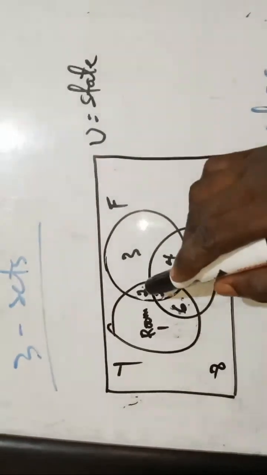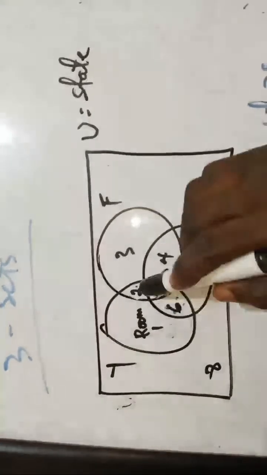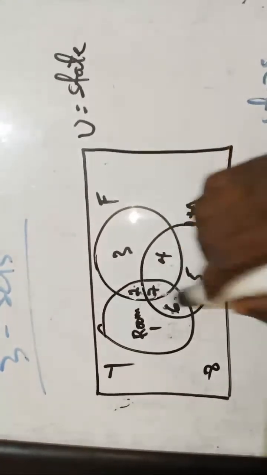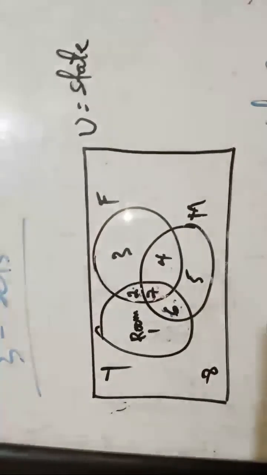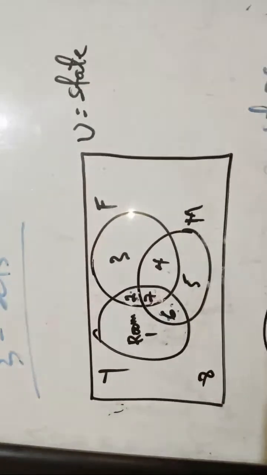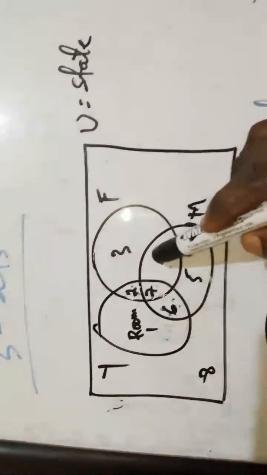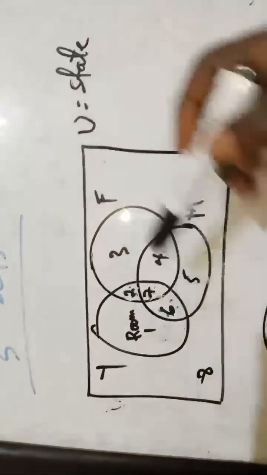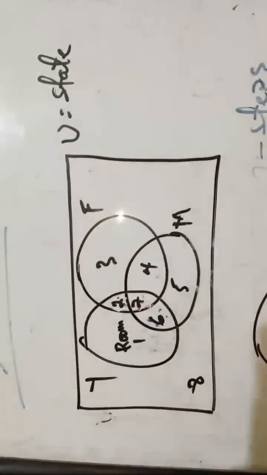Are you okay with room 2, 4, and 6? Do you know how to represent all the information on room 2, room 4, and then room 6? If you are okay, we can proceed. So let me hear from you once again, right? Are you okay with these three rooms, room 2, room 4, and then room 6? How to represent the information on those rooms, right?